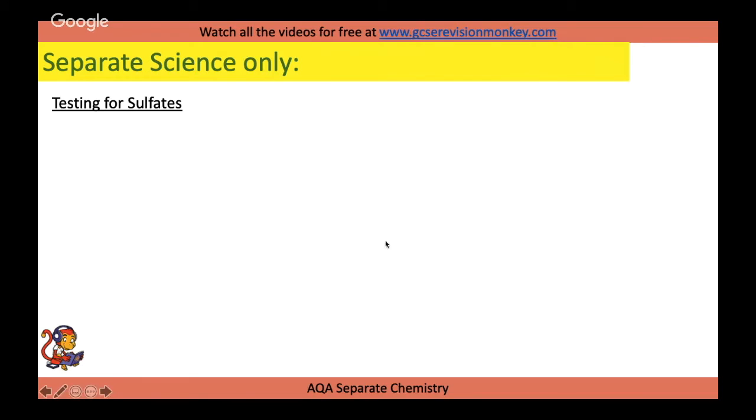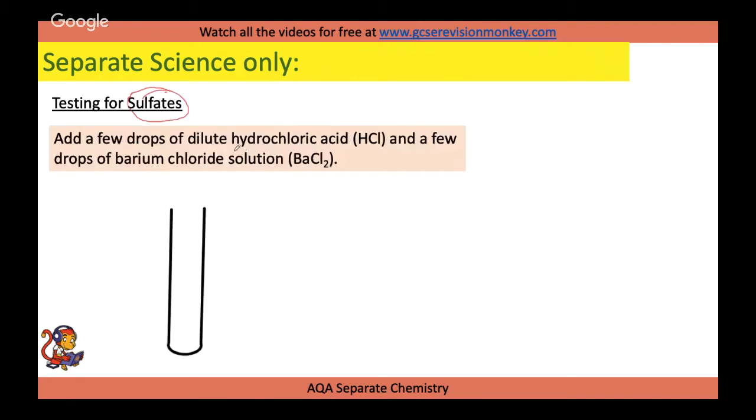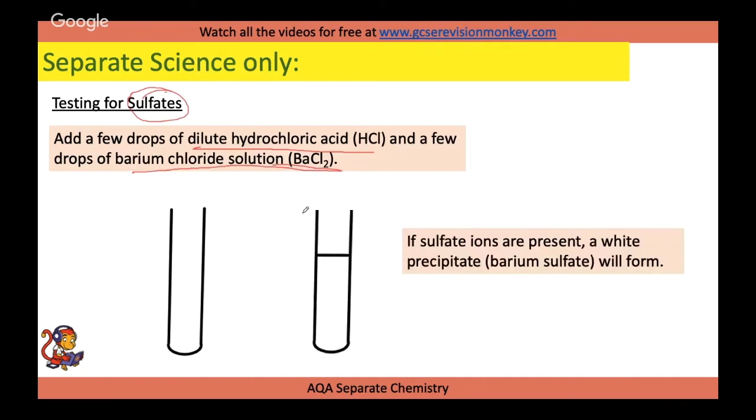If none of those tests were positive, you might want to test again and see if your negative ion was a sulfate. And to test for sulfates, our final test, you add a few drops of dilute hydrochloric acid and a few drops of barium chloride solution. And again, you're going to make a precipitate.